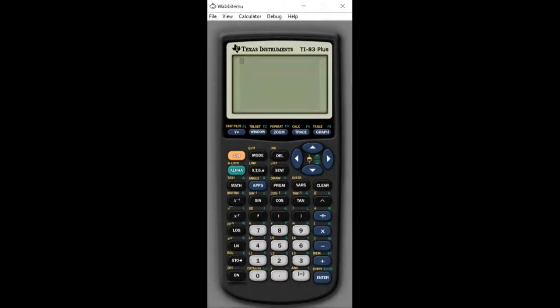On my calculator, I'm just writing 66 minus 63.9, close it off, divided by, open up a set of parentheses, 2.7 divided by the square root of 17. I need to close off the parentheses for my square root, and close off the parentheses for the bottom part. And I'm going to hit enter.